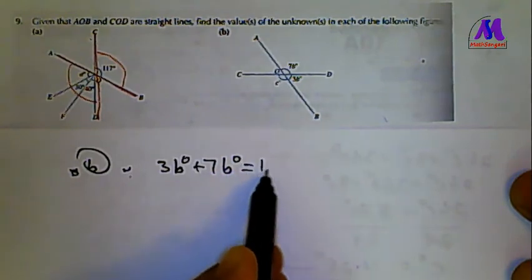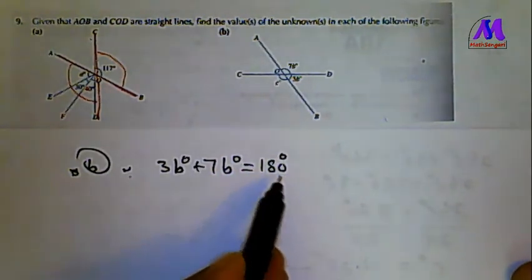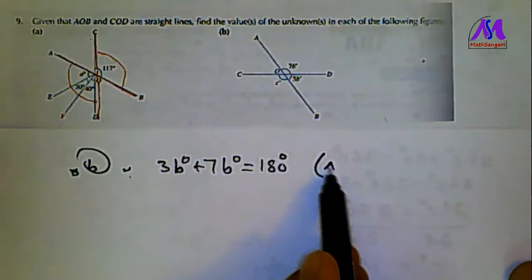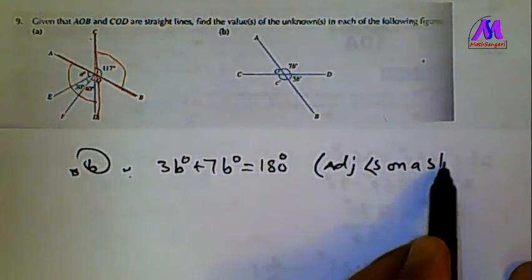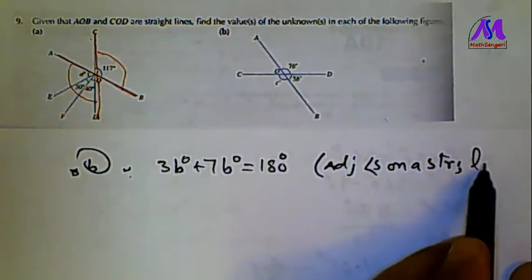Therefore, for part B, 3B degrees plus 7B degrees will be equal to 180 degrees. Why 180 degrees? Because they are adjacent angles on a straight line.